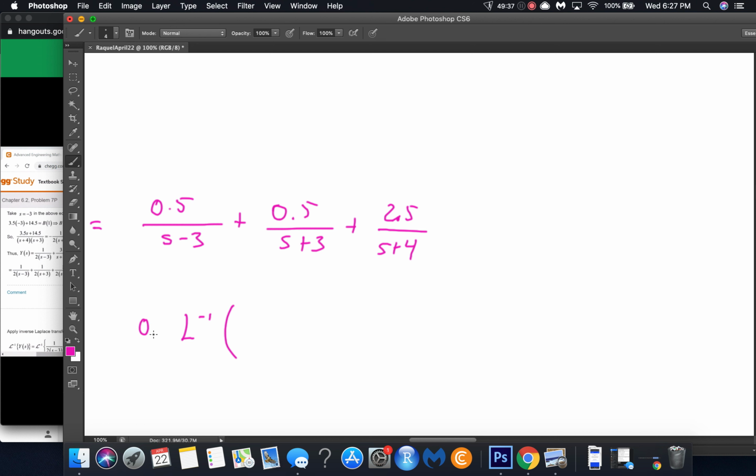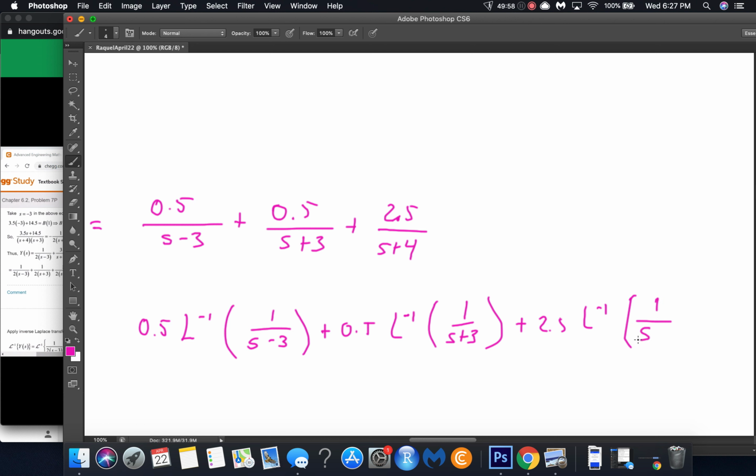So again, I'm going to push the constants out. 0.5 L inverse of 1 over s minus 3, and then plus 2.5 L inverse of 1 over s plus 4. I was going to make a silly mistake.